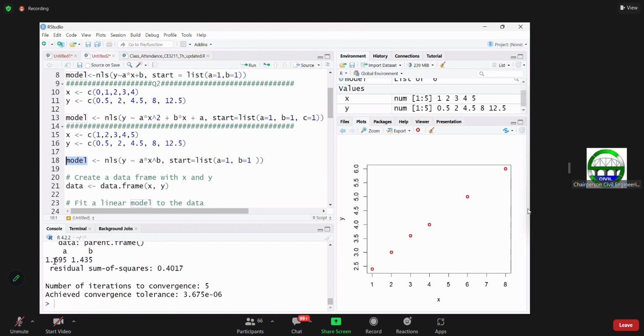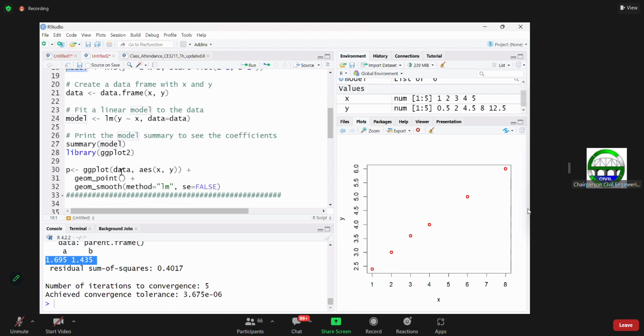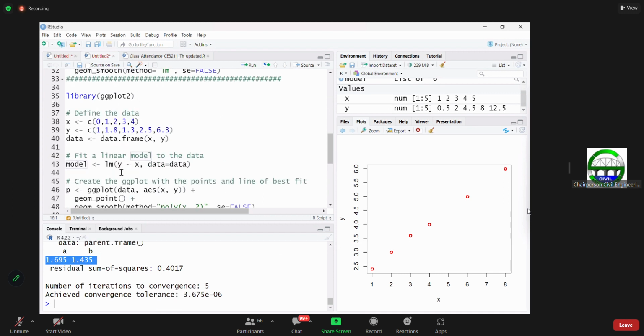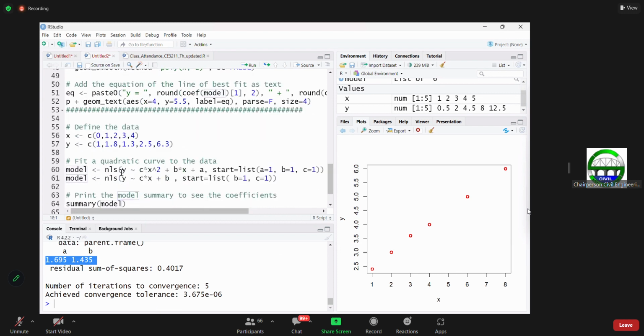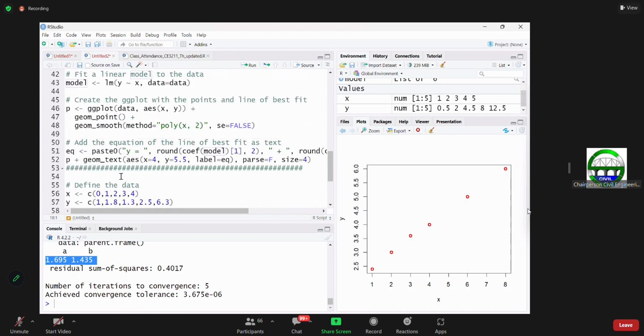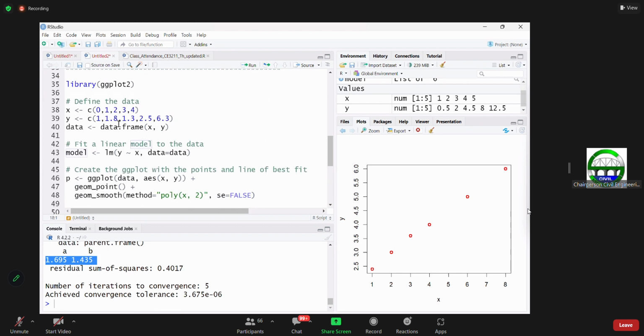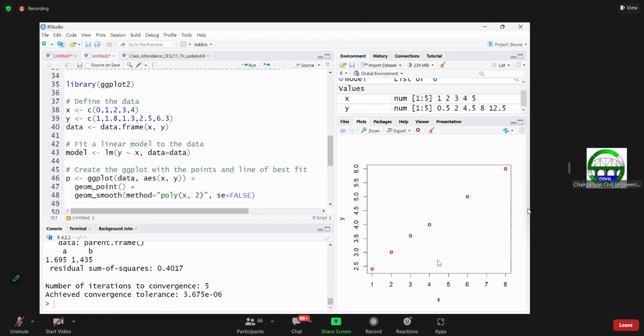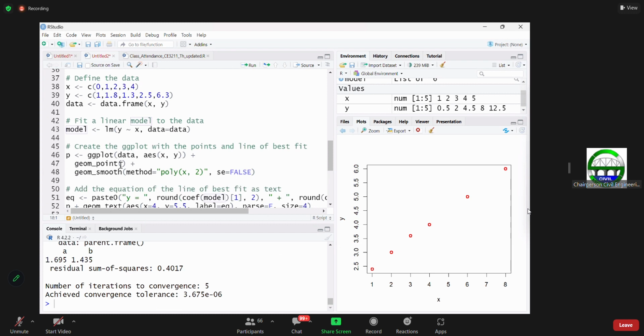Anyways, these are the values of A and B that you have. You can put them in here, but these values will give you the value of the log. So at the end of the day, you have to take the log as well.